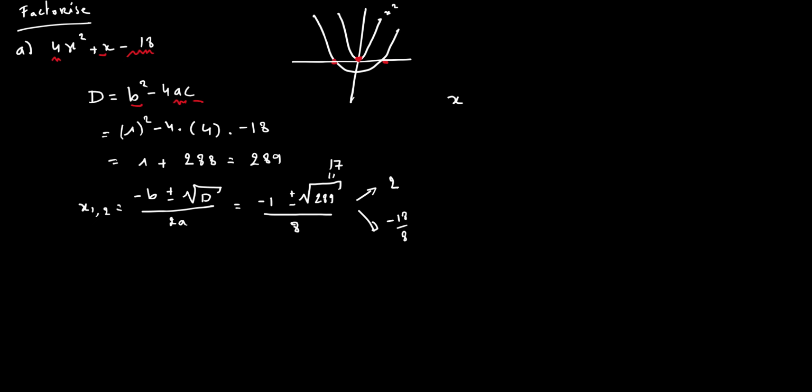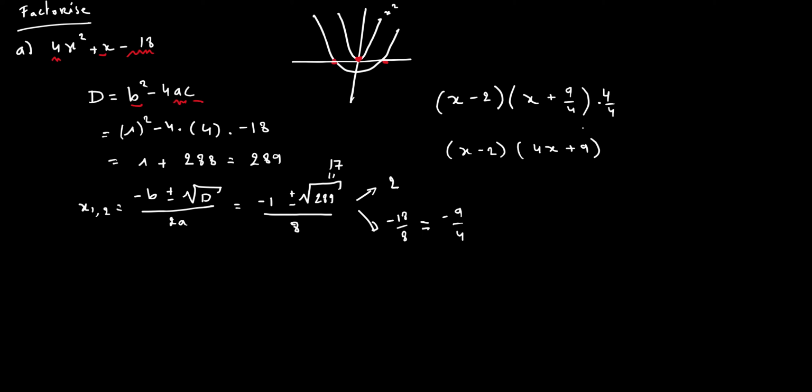So we say x minus 2, because if the value of x is 2, you're going to find a root. And the other one is going to be x, and let's simplify this a little bit, because we can still divide by 2. We can say x minus minus 9 over 4, so x plus 9 over 4. That looks very nice, but maybe we don't like to work with this fraction, so we can say it's x minus 2, and then we multiply the second part by 4 over 4, which we can do because it's times 1, so we get 4x plus 9.